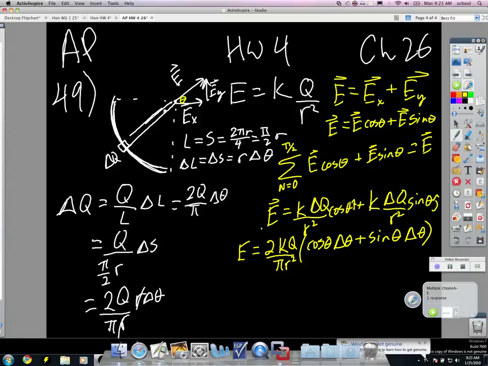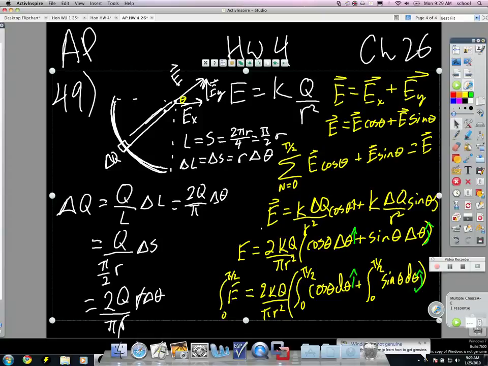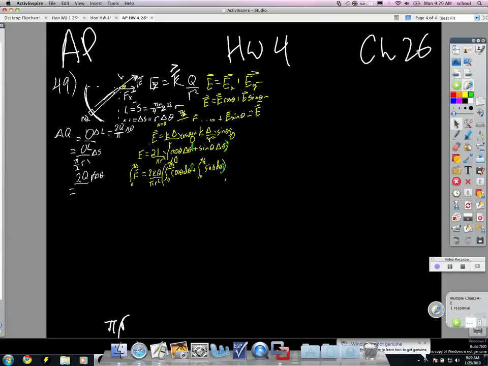Yeah, but it's the second term, so it's in cosine. Okay, let's go ahead. The electric field is going to be 2kq over pi r squared, and we're taking this integral from 0 to pi over 2 of cosine theta d theta, and that's that i hat vector, plus the integral from 0 to pi over 2 of sine theta d theta, and that's that j hat vector.